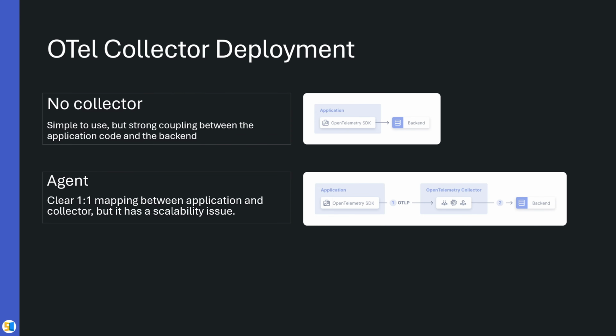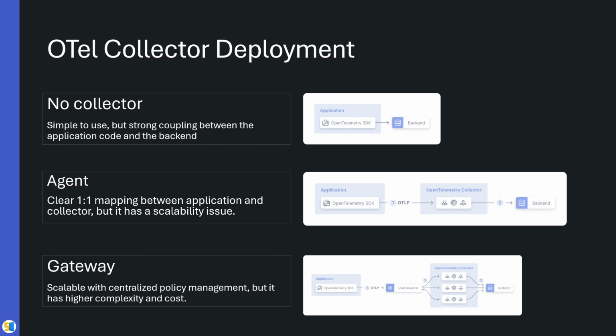With this approach, we have a clear one-to-one mapping between applications and collector, but it has a scalability issue, right? Because all the configuration of your collector will be provided in one application, and it doesn't scale. If this collector dies, you cannot send the telemetry.